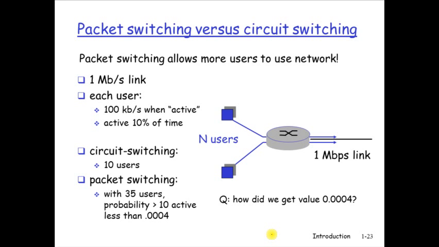But if you have 35 users, the probability is only 0.04%. So 4 out of a million. That means it does not happen usually. So our standard is already very strict. In this case, with packet switching, we can support 35 users without much problem.